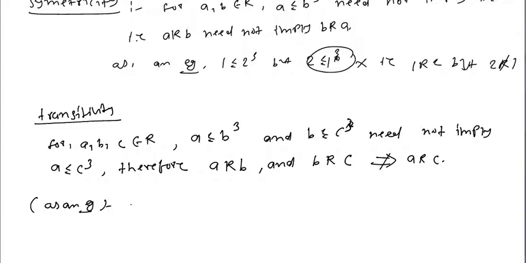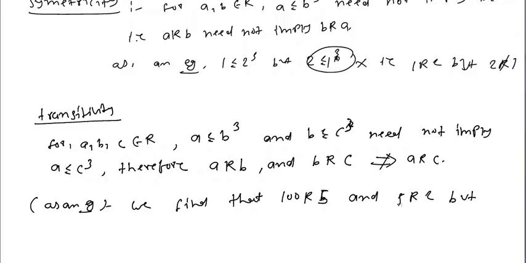So consider an example. Suppose we take 100 related to 5 and 5 related to 2, because 100 is less than or equal to 5 cubed, and 5 is less than or equal to 2 cubed. But this does not imply that 100 is related to 2, that is, 100 is not less than or equal to 2 cubed; 100 is greater than 2 cubed.